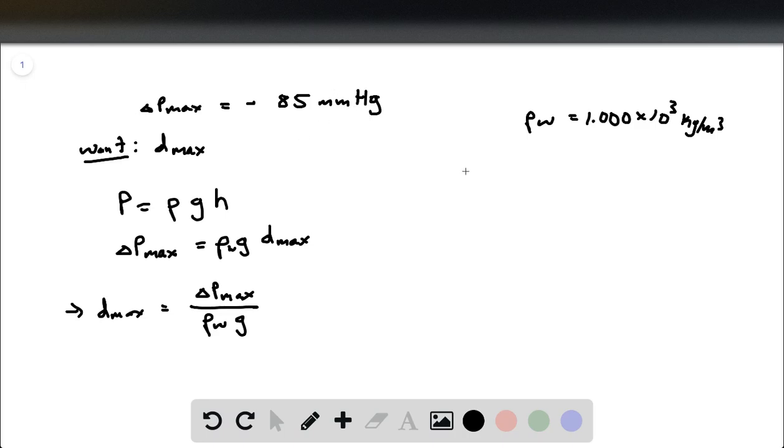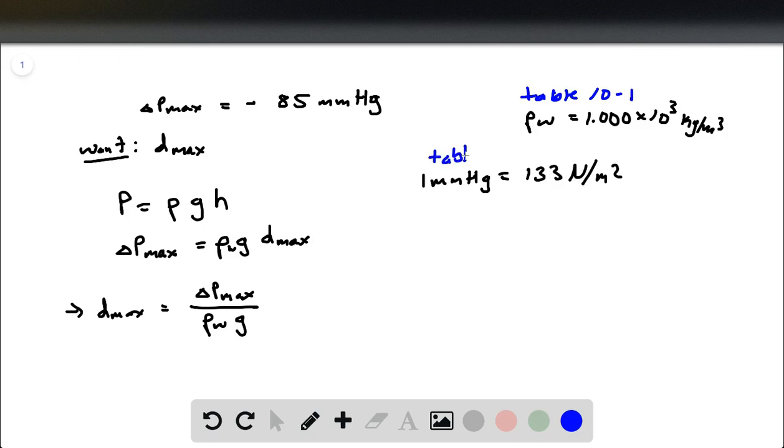And you can find a conversion factor in table 10.2 that 1 millimeter of mercury is equal to 133 newtons per meter squared. So this is in table 10.1. This one here is table 10.2. So those are things we can use in addition to what we're told in the problem.